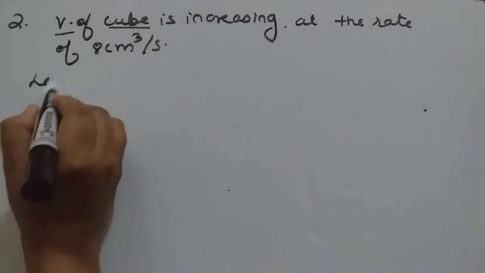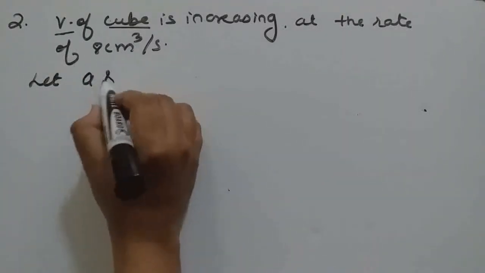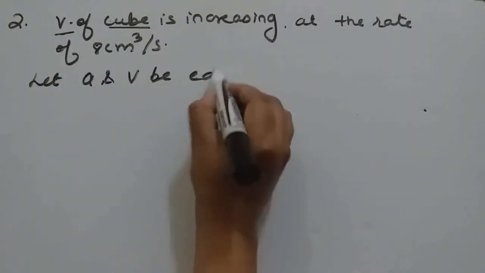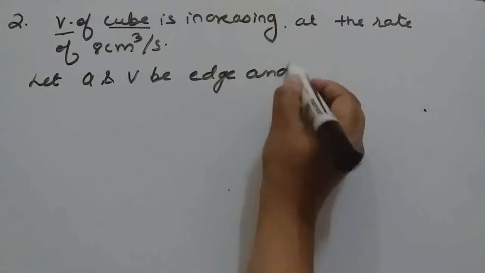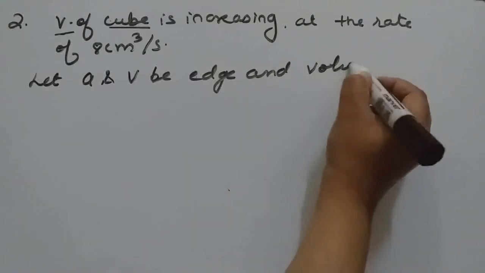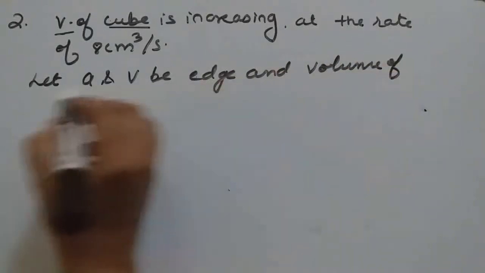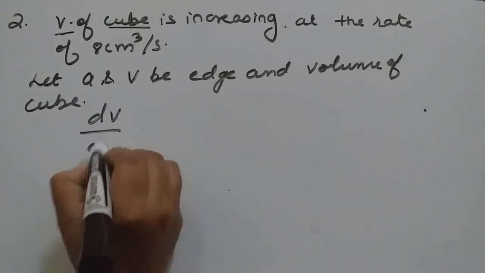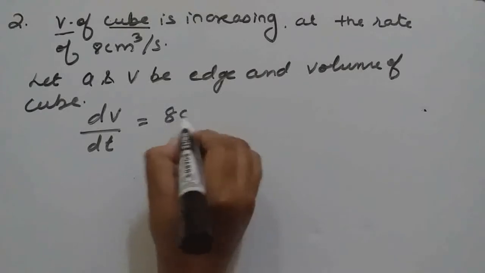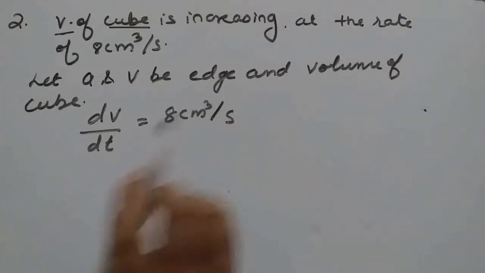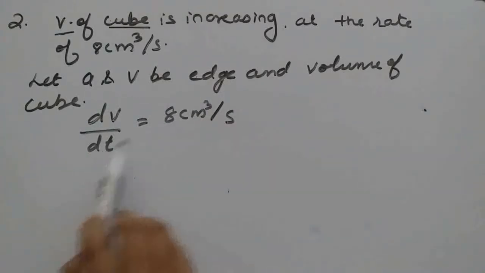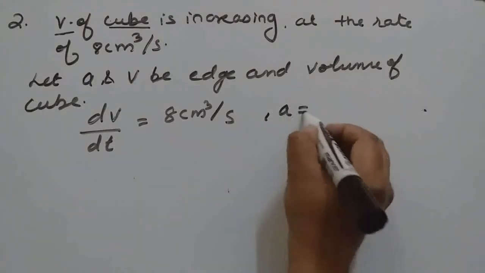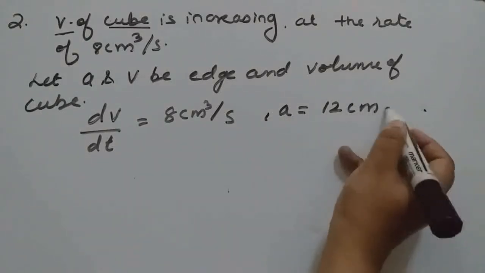So first of all, let a and V be the edge and volume of the cube. So what are the given values? dV by dt is given, 8 centimeter cube per second. See, volume unit and time unit. Then the length of an edge, that is a, is given as 12 centimeter.